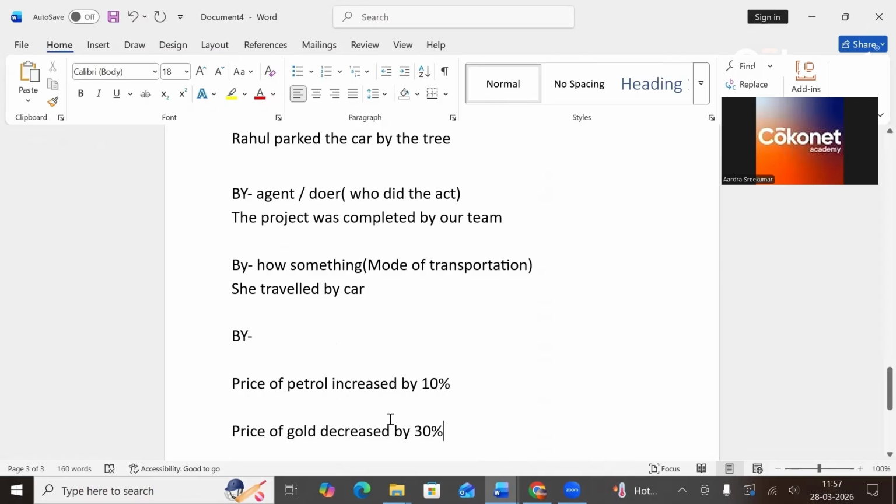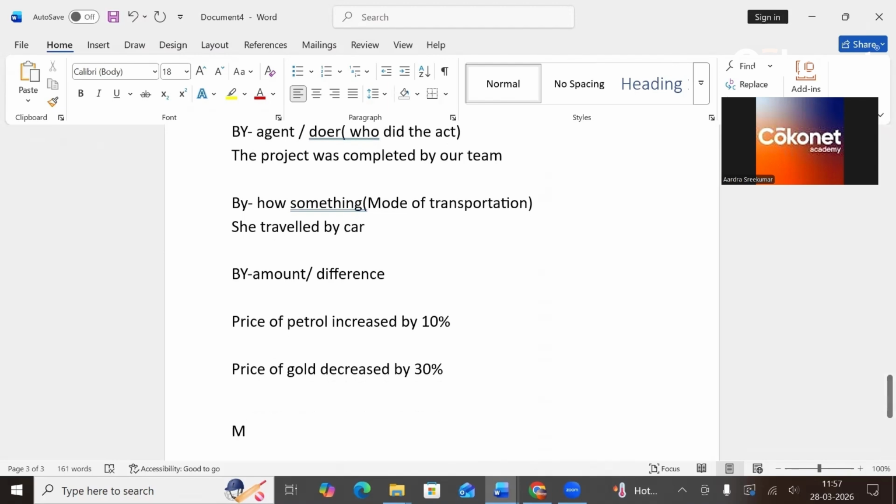The word by is used to indicate the amount or difference of something. Correct? Maybe when you miss the train, you can say, my friend missed the train by 2 minutes. So had she been there within the 2 minutes, she would not have missed the train.